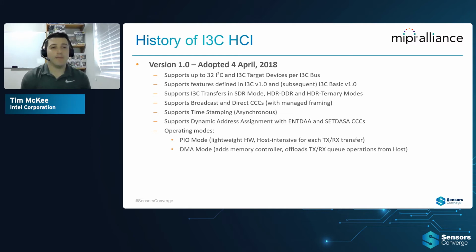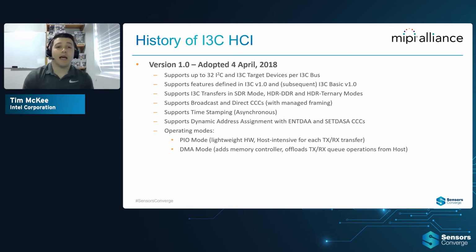So a little history, where has HCI been? Where is it now? Back in 2018 is when we released the initial HCI version 1.0. There was a lot of support, a great specification here. It supported up to 32 devices, and was really built around the I3C version 1.0 and Basic 1.0 specifications.